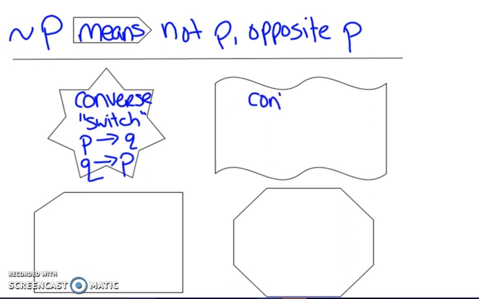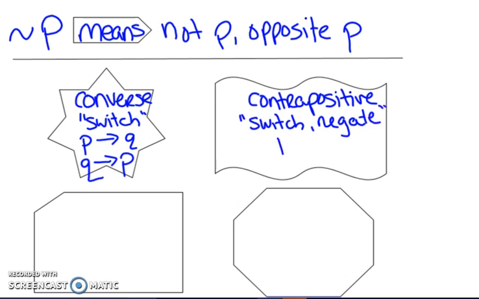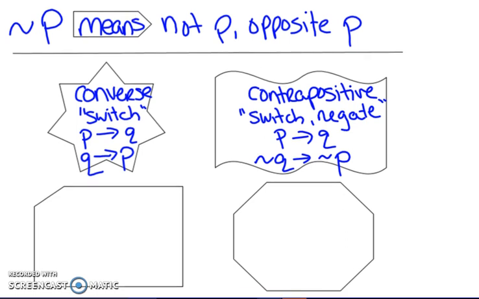As far as our contrapositive, in this case, we need to switch it and negate it. So again, if we start with P Q, well, if I switch them and negate, it's going to become not Q implies not P. And again, I know you know how to do this, but we need to know how to write it in symbolic form.